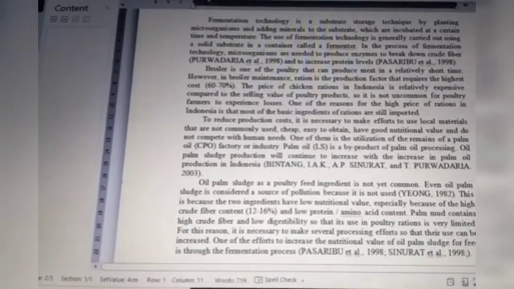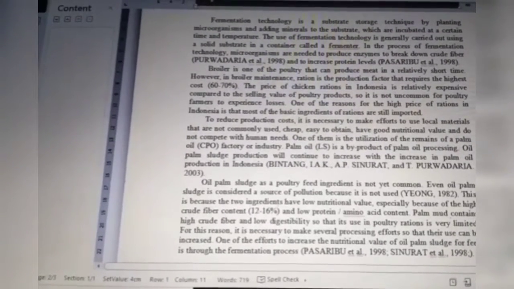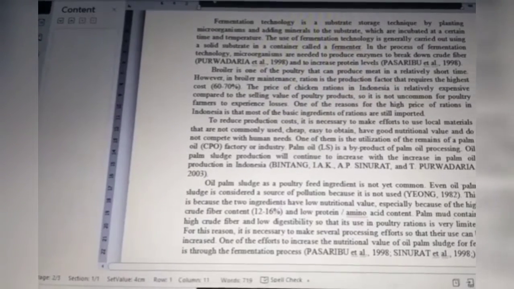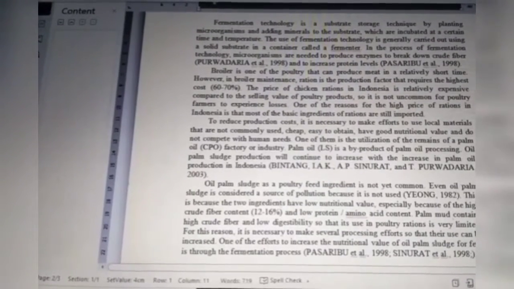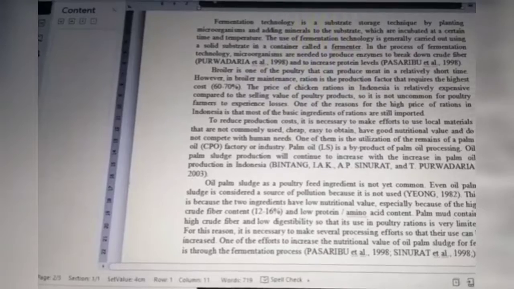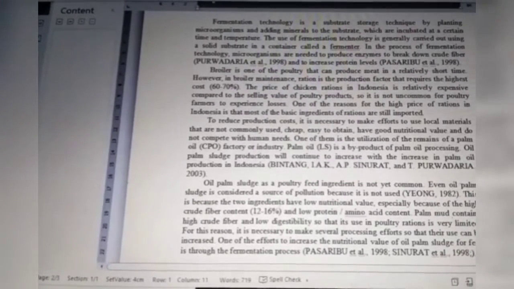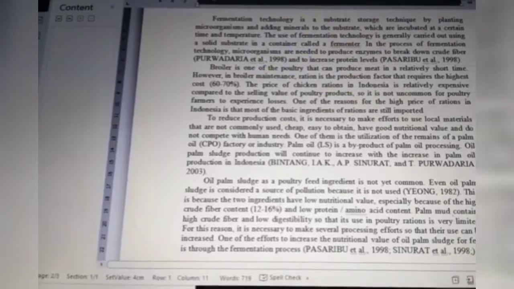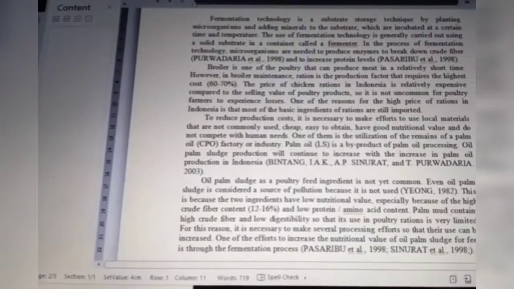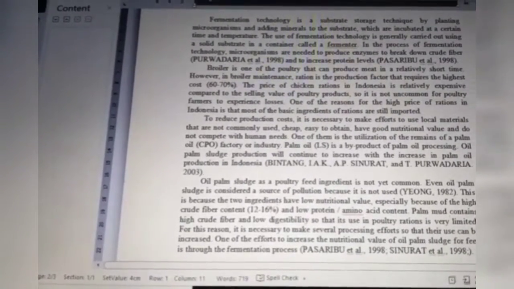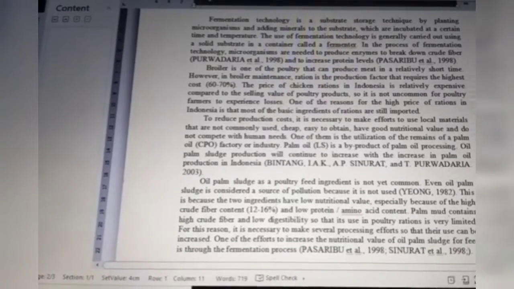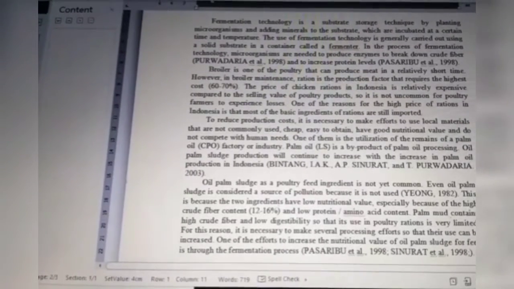Broiler is one of the poultry that can produce meat in a relatively short time. However, in broilers, the maintenance ration is the production factor that requires the highest cost, 60 to 70%.